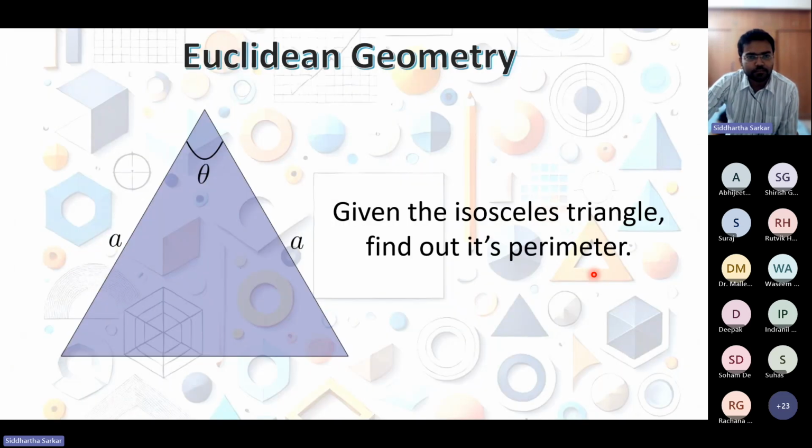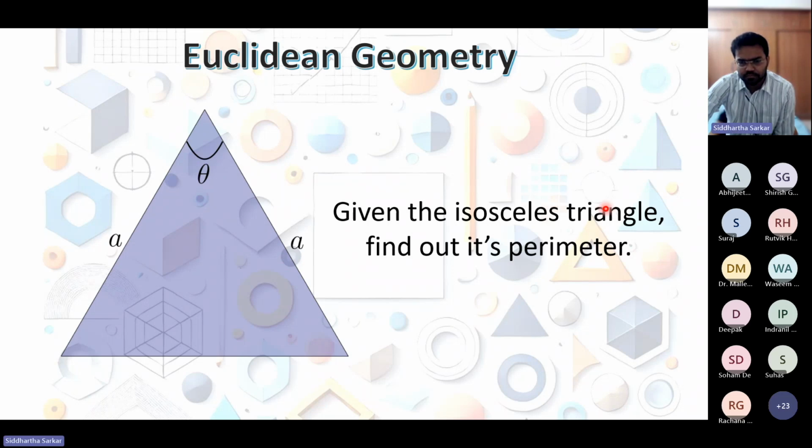But that said, let's look at something that we have seen already. So this is a problem from high school. You must have seen this kind of problem in your high school, and these kinds of problems are part of Euclidean geometry. So here you can see an isosceles triangle where the length of the equal sides is A, and the angle between the two equal sides is theta.